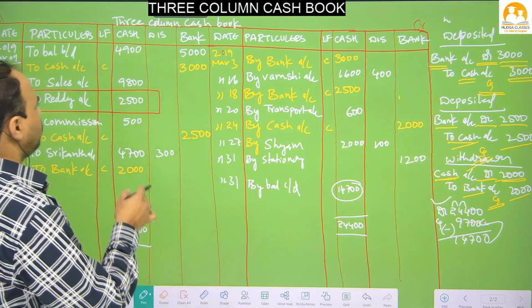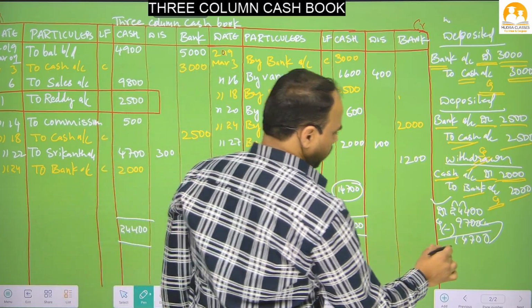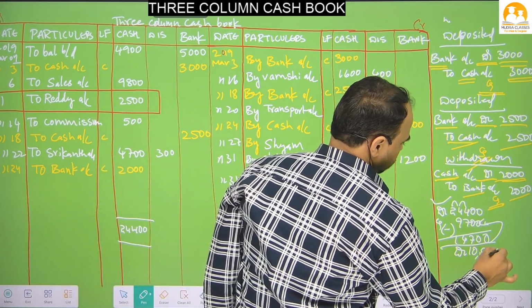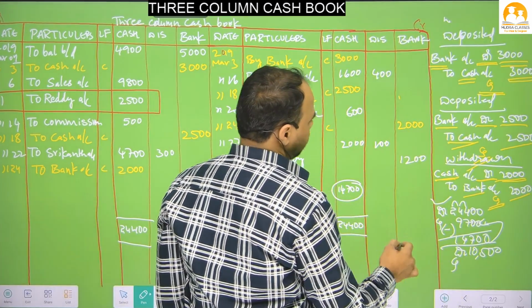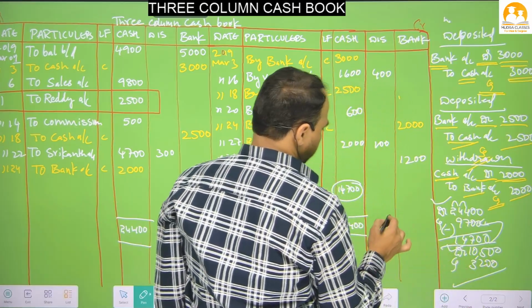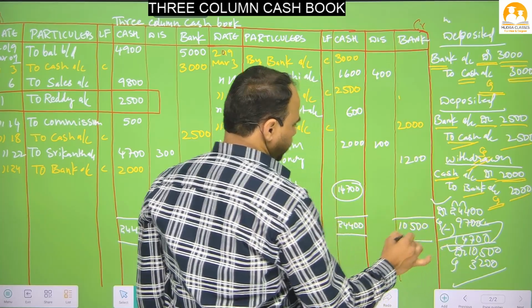Okay, now we have to do the bank column. Debit side bank column total 10,500. Credit side bank column total 3,200. Of these two, debit is the big amount, so on both sides write that big amount, 10,500.